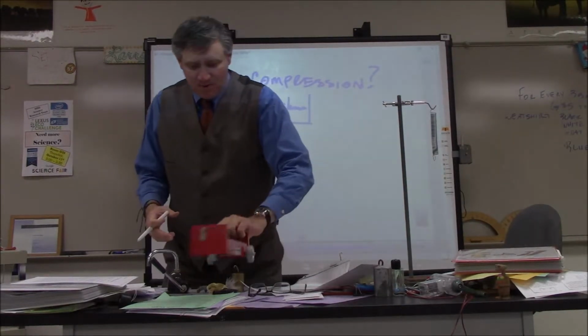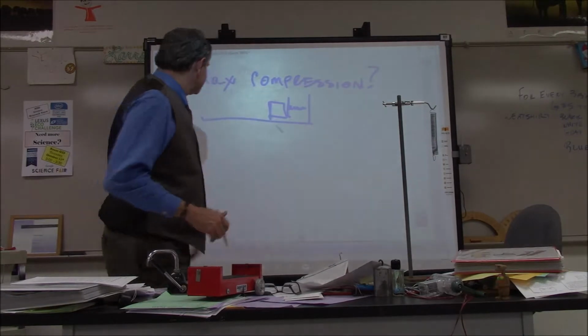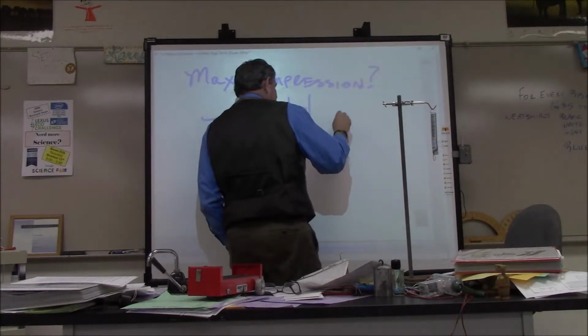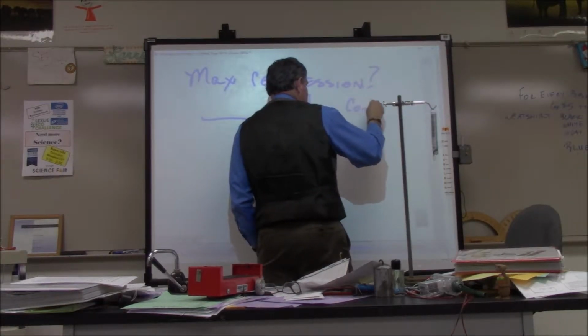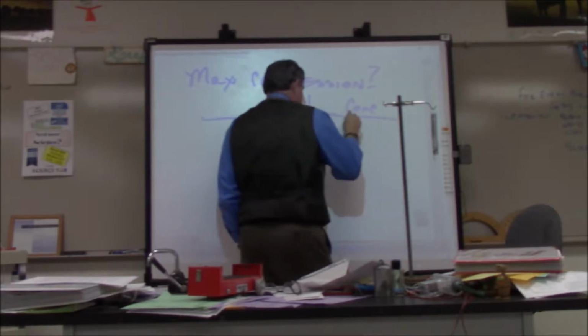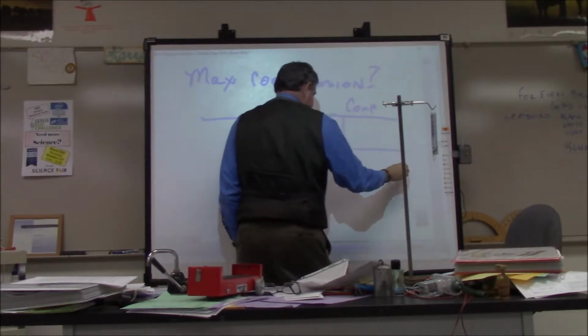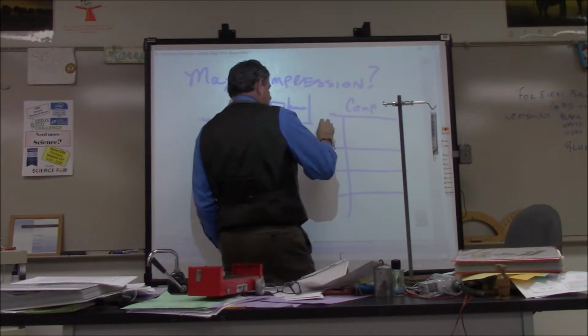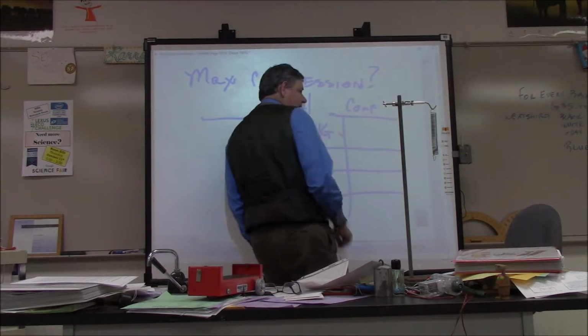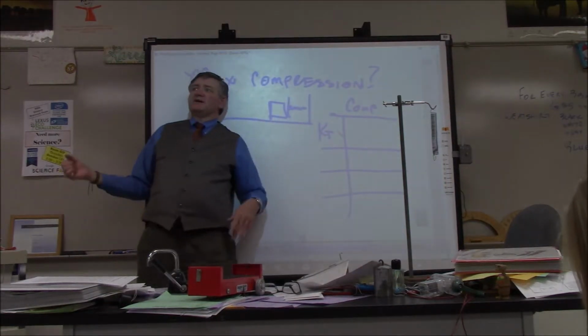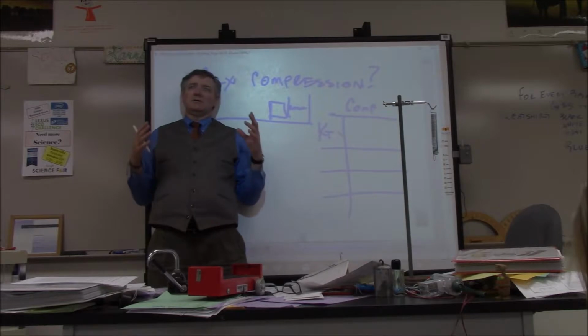So, with that said, go back to your chart. This is at maximum compression. So under maximum compression, how much kinetic energy do you have? 0, because it's all stored in the spring.